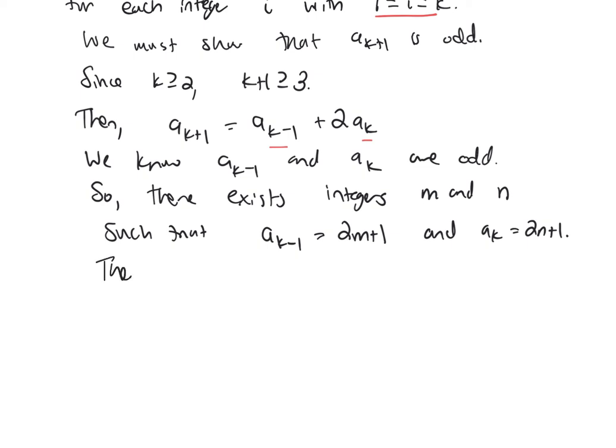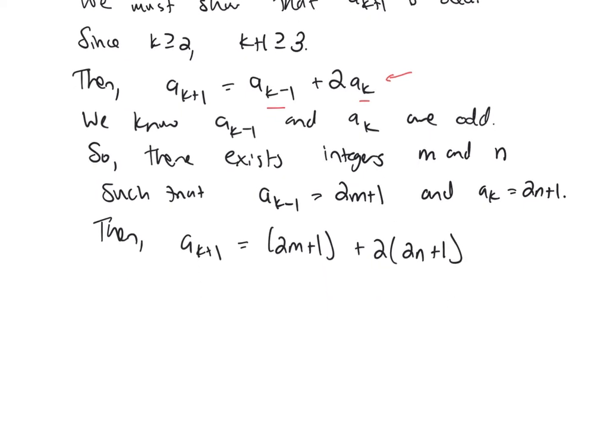What we can do is plug these formulas back into this equation. So A_{k+1} is 2m plus 1 plus 2 times A_k, which is 2n plus 1. We can distribute that 2 in the second group, so 4n plus 2.